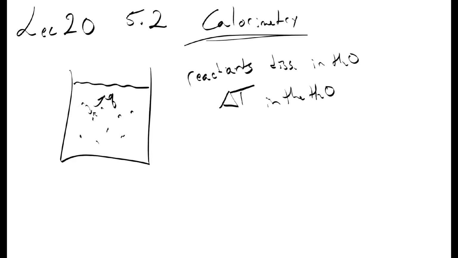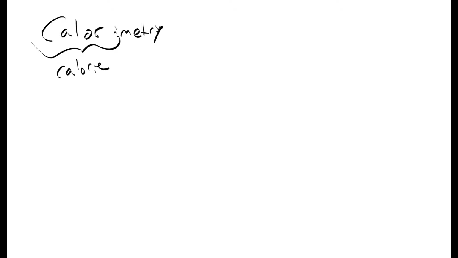And what precisely is calorimetry? Well, let's take a look at the word. Calorimetry. Okay, break it down. What you have here is calorie and meter. So a calorimeter, we're talking about measuring heat.